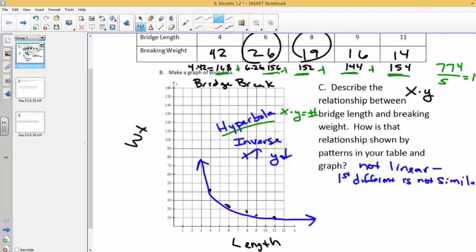So we can write a little equation for this, which is x times y equals 154.8. And you can solve for y, isolate the y, by dividing both sides by x. So y is equal to 154.8 divided by x.